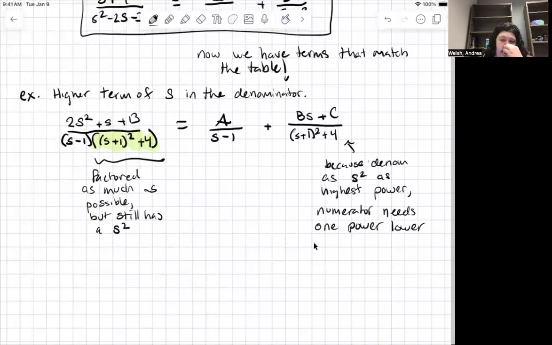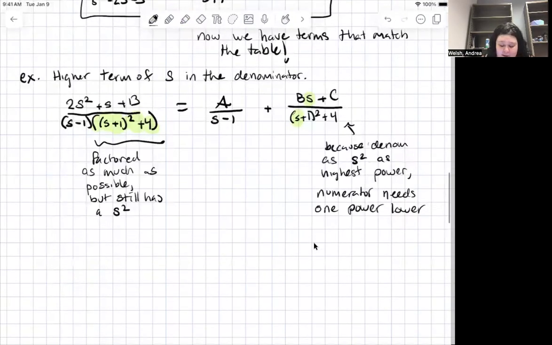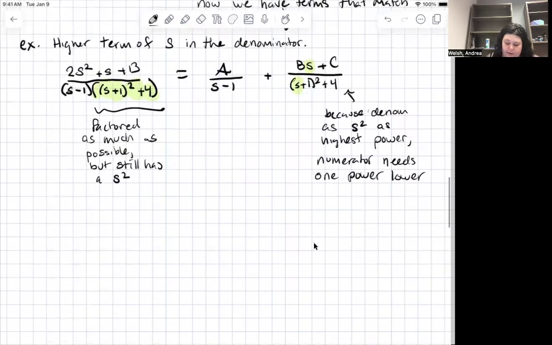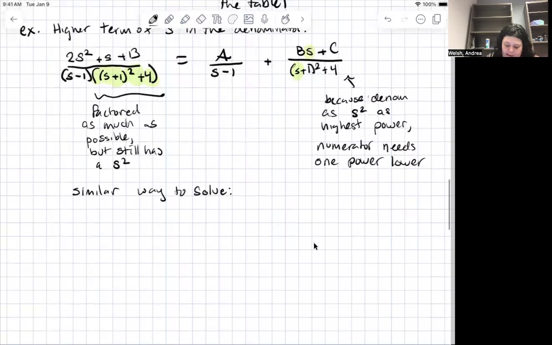So that's that BS plus C. We have an S squared, and we have this BS term that we didn't have on the other side. Once we get it into this form, everything else is pretty much the same, so it's a similar way to solve. Let's go through and do that.